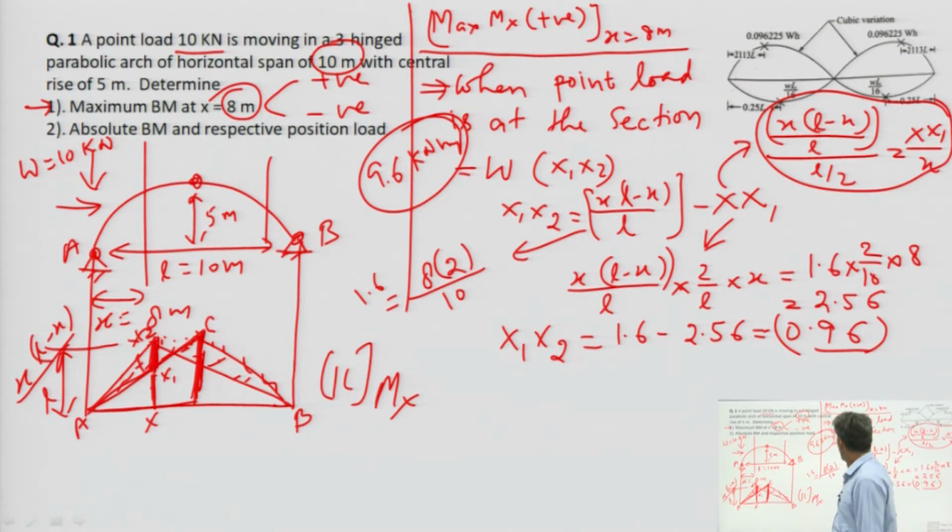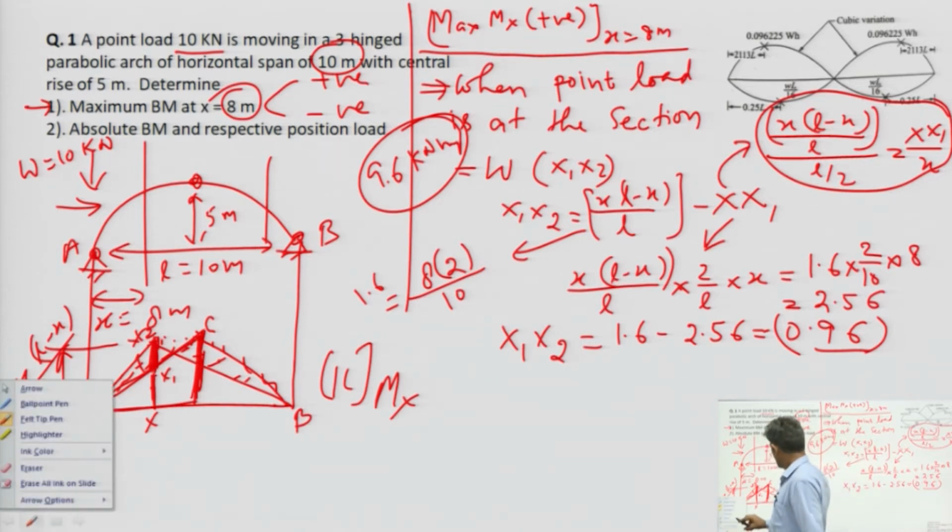Okay. And what will be the maximum negative bending moment? For negative bending moment, it should be at the section. Okay. So, let us calculate for maximum negative.